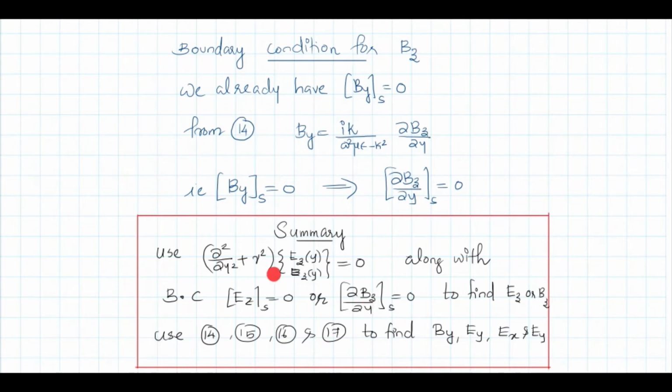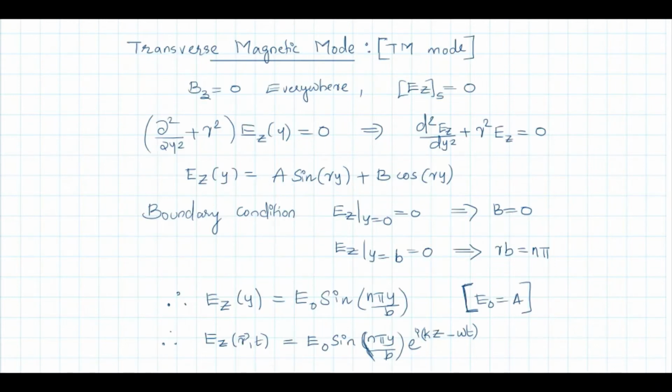So they are different, and therefore we can treat them separately. I will consider these as two different cases. The first case is the transverse magnetic mode, or TM mode. Here, I will take Bz equal to 0 everywhere with the boundary condition Ez at the surface 0.